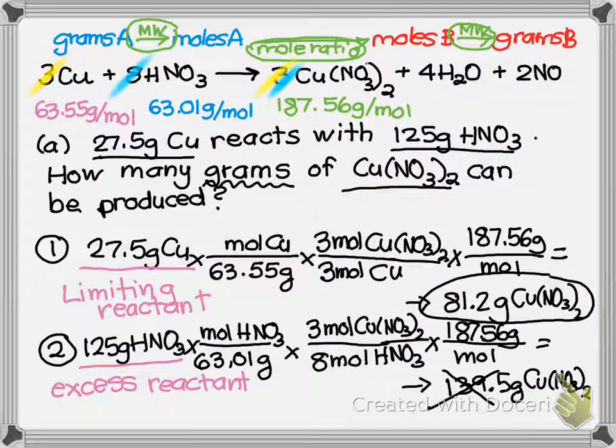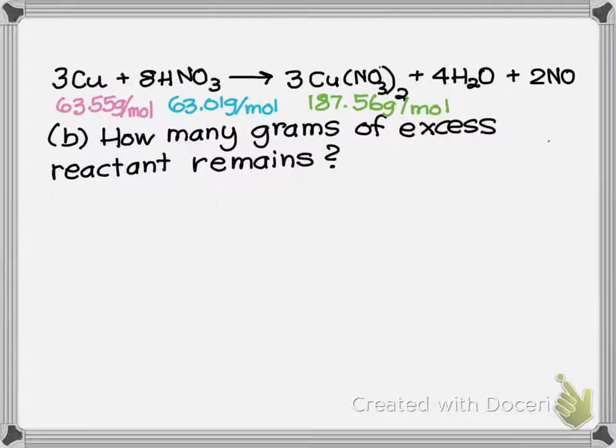And I said the 27.5 grams of copper was the limiting reactant. And so what I'm going to ask myself is how much of the nitric acid reacts with that. So I want to remember 27.5 grams of copper.